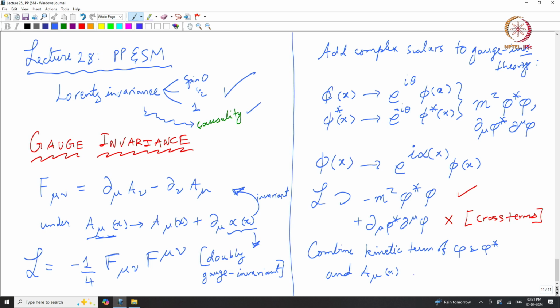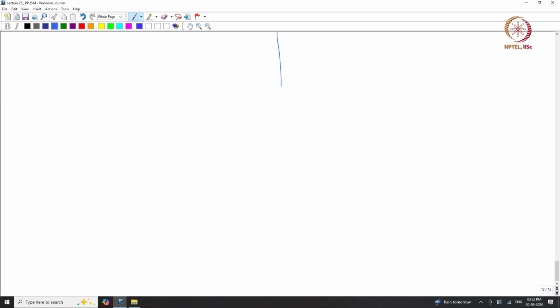And notice that both of them transform non-trivially, right, under the gauge. So, we have to see if we can find a combination that gets rid of this alpha in the Lagrangian. And I am going to show you how this arises.